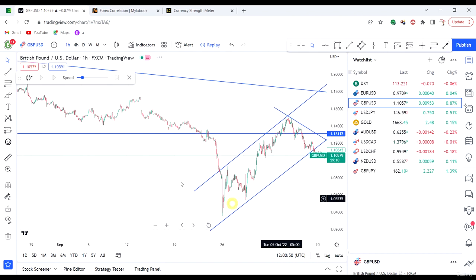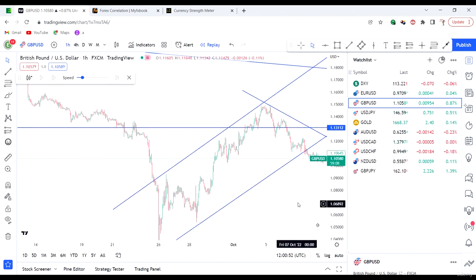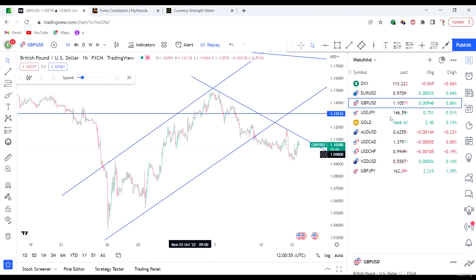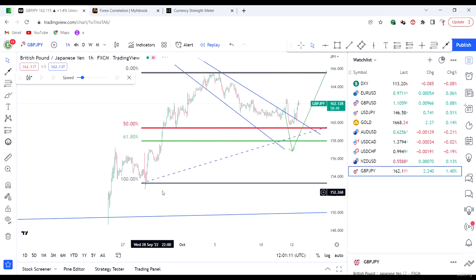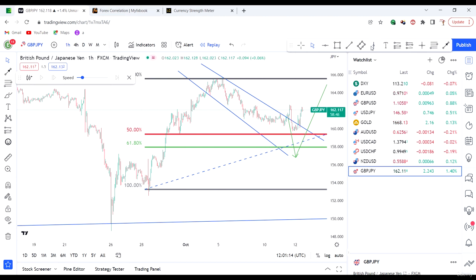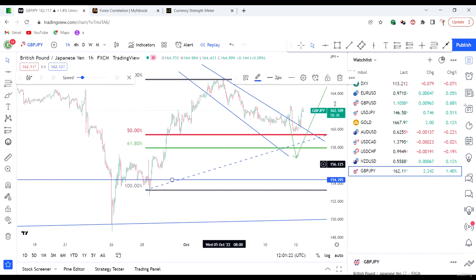So let me take, for example, let's assume we enter a trade here, hoping that the market will continue buying. And that's on GBP USD. And on GBP JPY, we also enter a trade here, of course at the same position, at the same level, hoping that it goes in our direction.